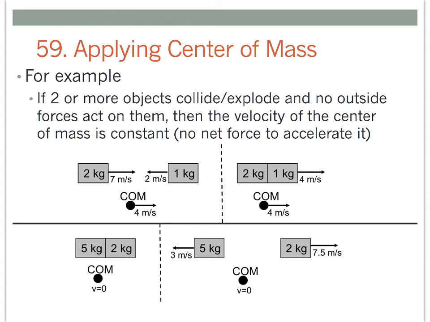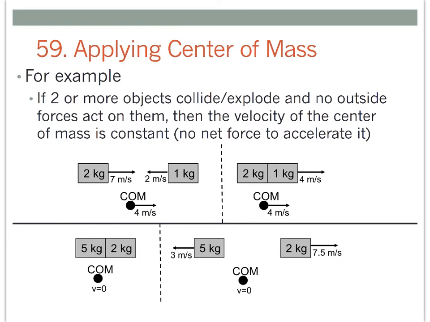Again, that's just the weighted average, and we'll talk in a second about how exactly we calculate that. After they collide and stick together, they're both moving at 4 meters per second, so obviously the velocity of their center of mass now is 4 meters per second. It doesn't change because there were no outside forces on the system.